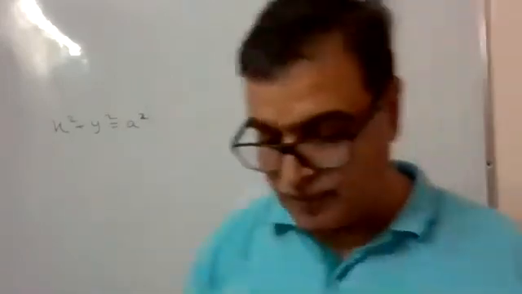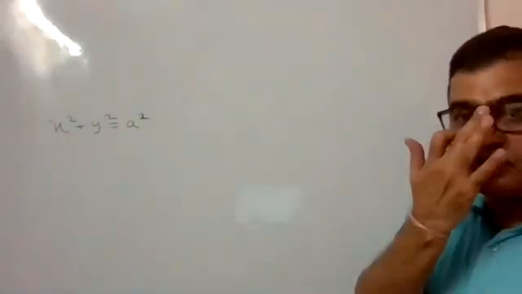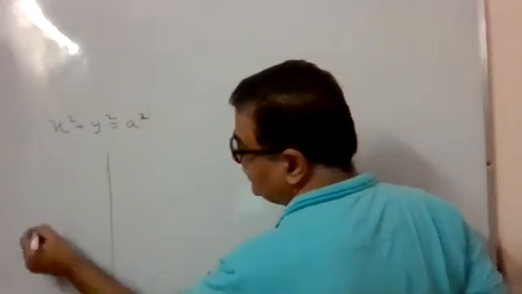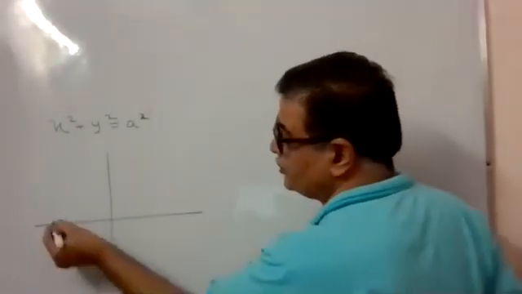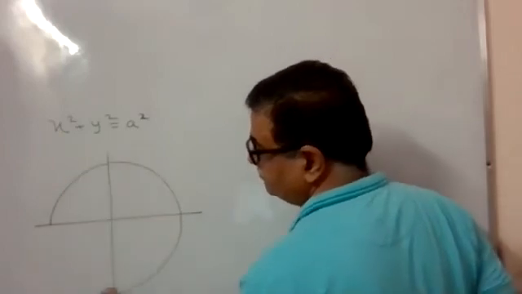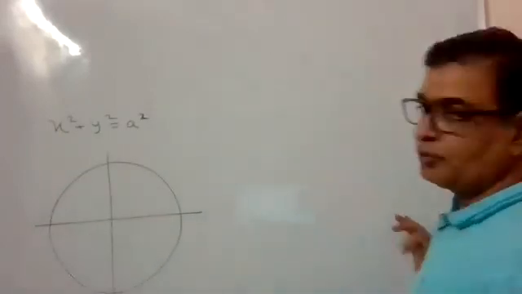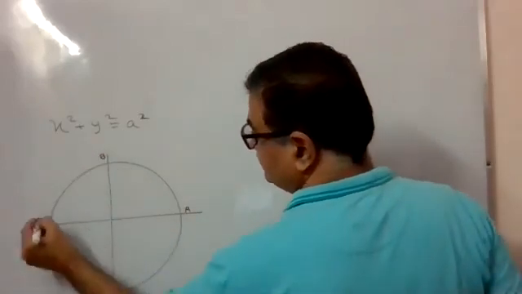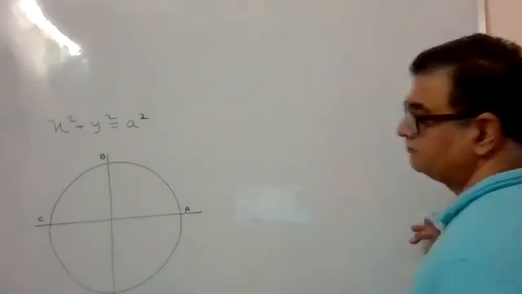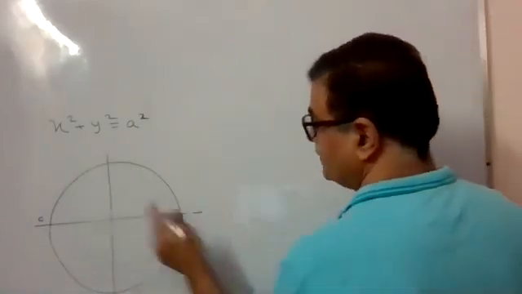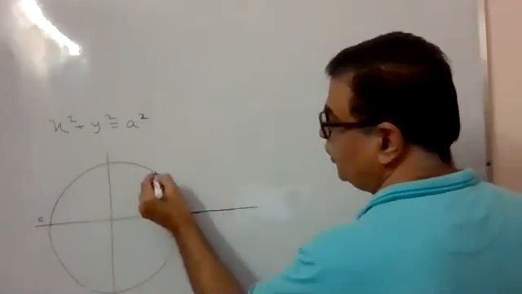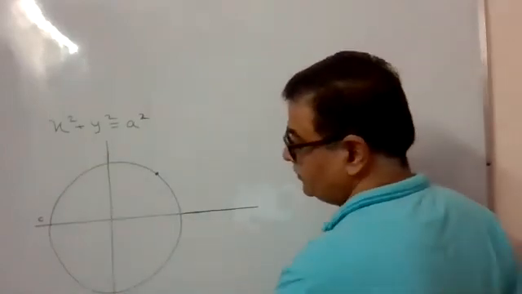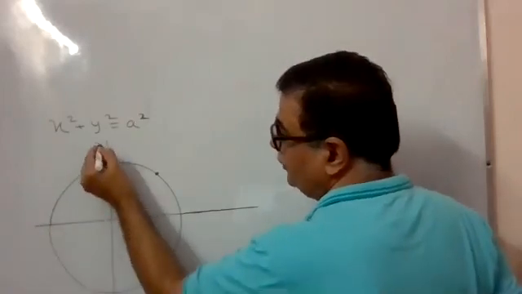So now this is the question we have. X square plus y square is equal to a square is the circle. That means one thing is clear, that the circle has center 0, 0 and its radius comes out to be A. Now it says that in the first quadrant, you take any point on the circle and draw a tangent to it.